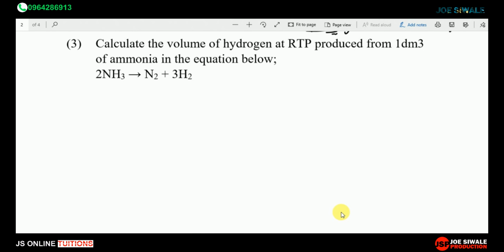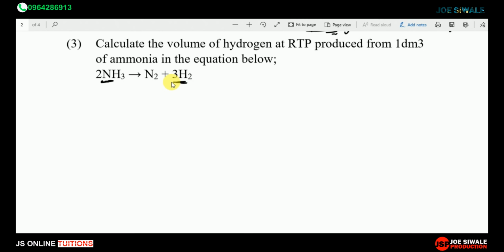The question says calculate the volume of hydrogen at room temperature and pressure. So here you can underline hydrogen produced from 1 cubic decimeter of ammonia. So we are going to concentrate on ammonia and hydrogen gas. These are the two compounds and elements that we are going to concentrate on.